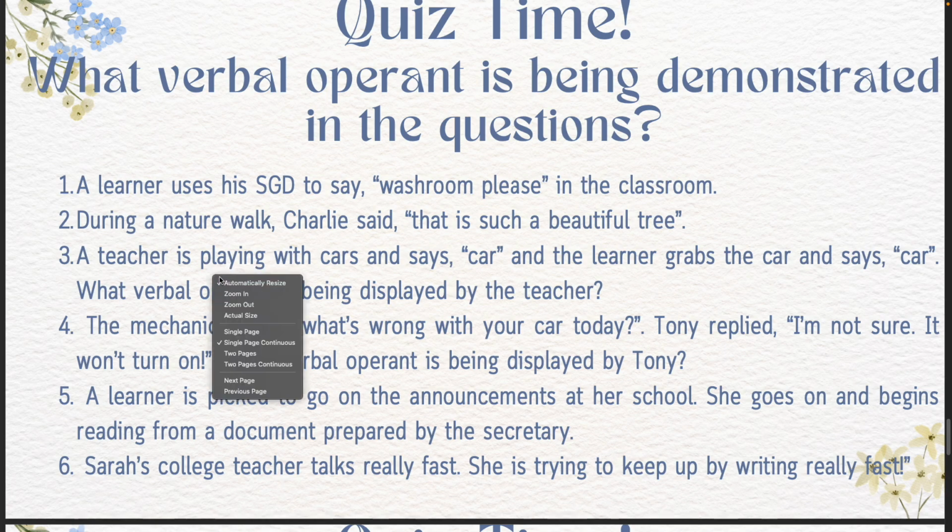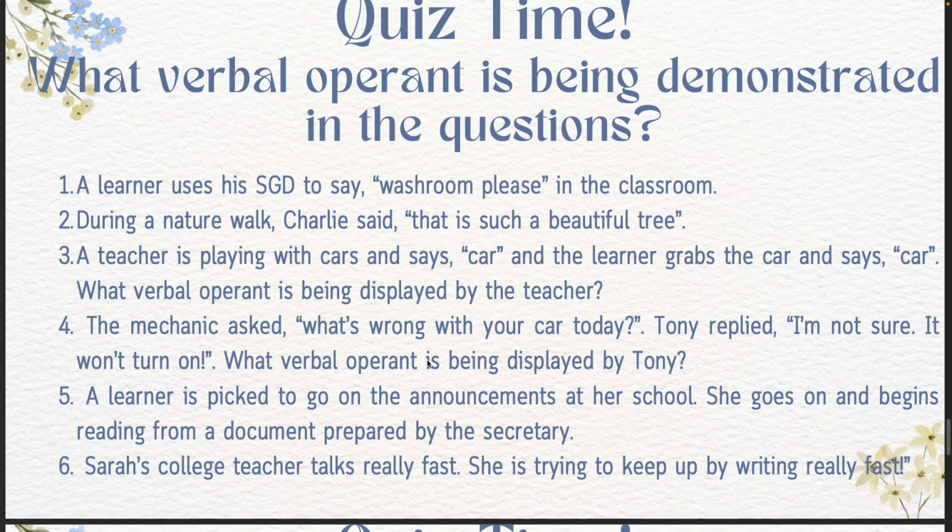6, Sarah's college teacher talks really fast. She is trying to keep up by writing really fast. So what's going on here? Okay, sometimes the questions aren't going to be very straightforward. You're going to have to try to understand what's being asked of you.